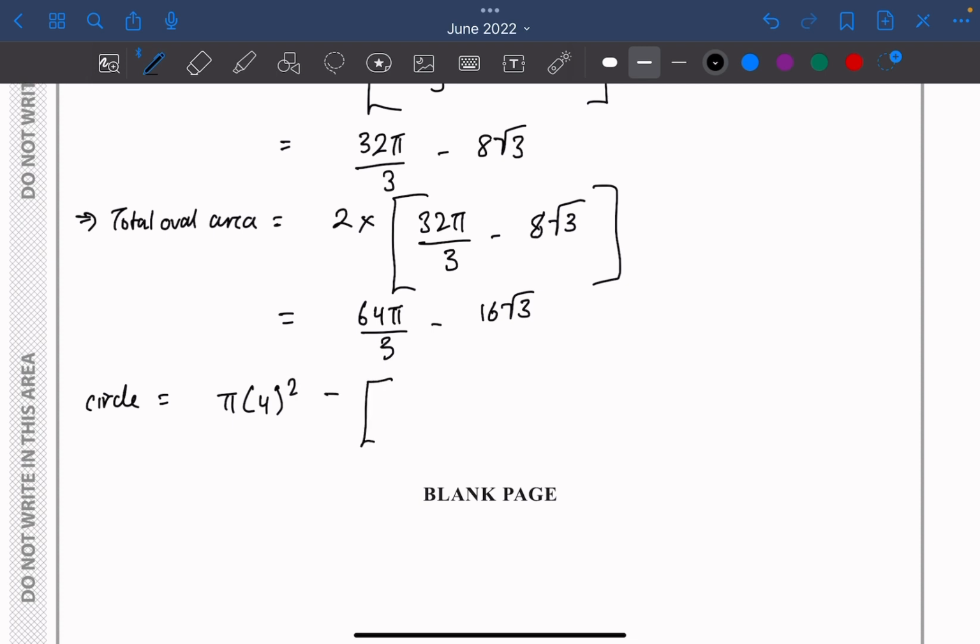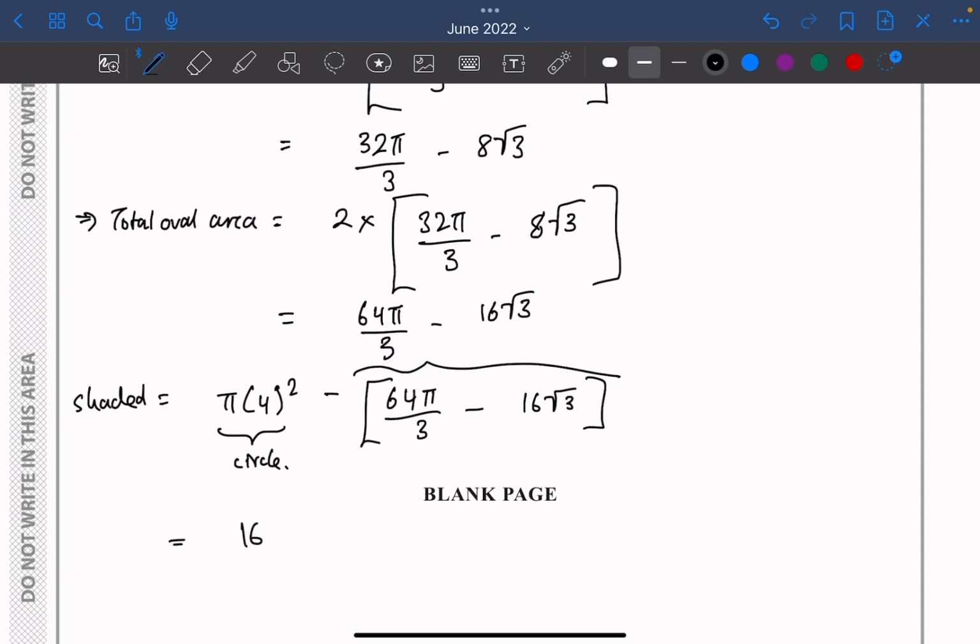Take that away from all of this. This shaded area is the area of the circle. That's the total oval area.